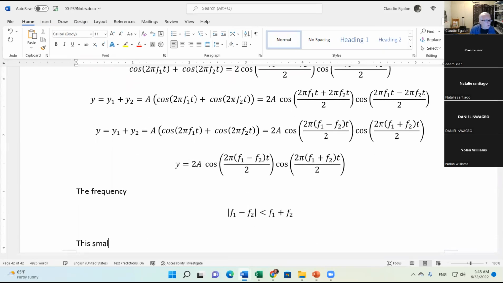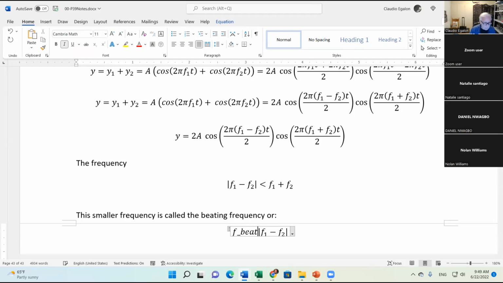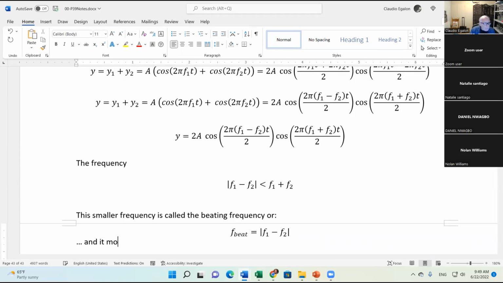This smaller frequency is called the beating frequency, and it modulates the intensity of the higher frequency wave.